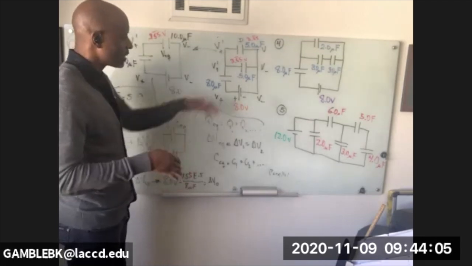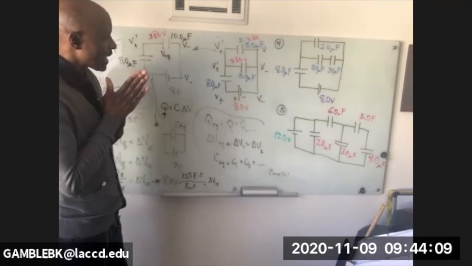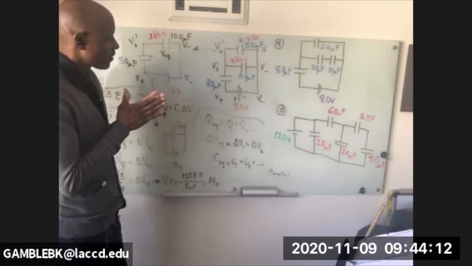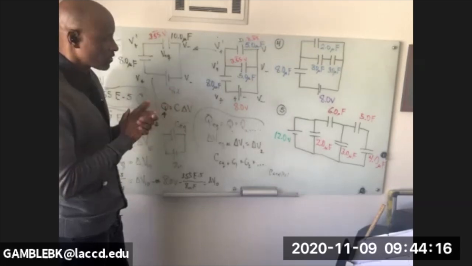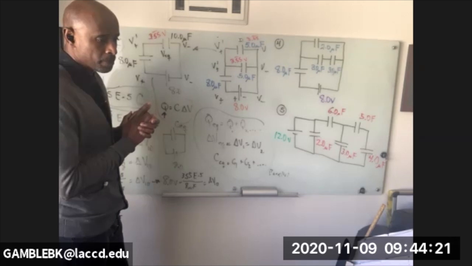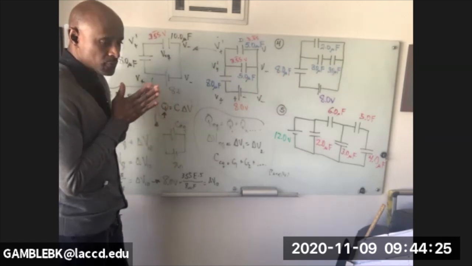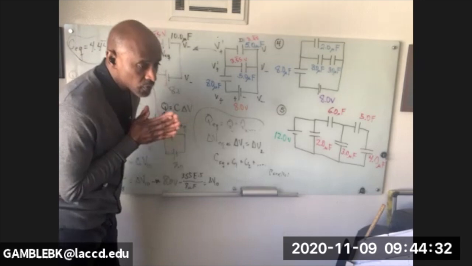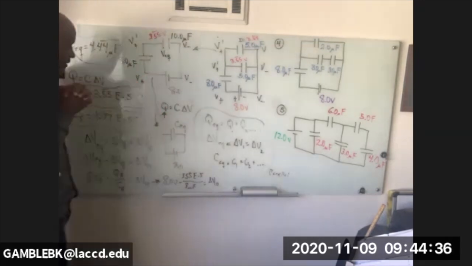Whatever the combination of capacitors is in that link, or that chain, if they have the same capacitance, then you know the charge will split evenly amongst them. That makes sense. Okay, yeah. Right. Okay.